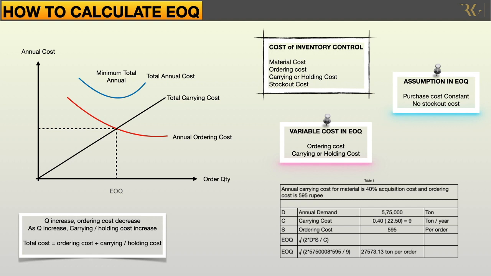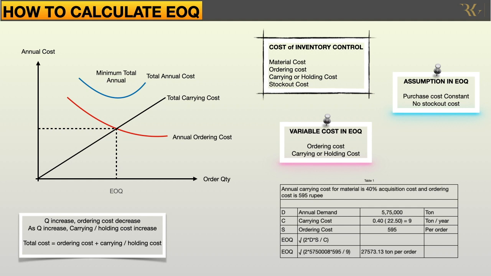How to calculate the EOQ? Let us take an example. Annual carrying cost of a material is 40% of acquisition cost, and ordering cost is 595 rupees per order. The annual demand for the material is 5,75,000 tons, and carrying cost is 0.4 into 22.50, which equals 9 rupees per ton per year.